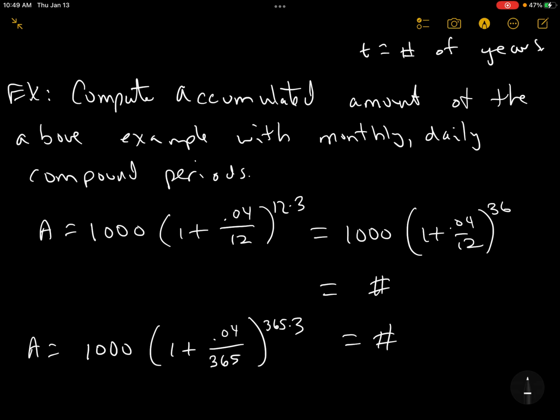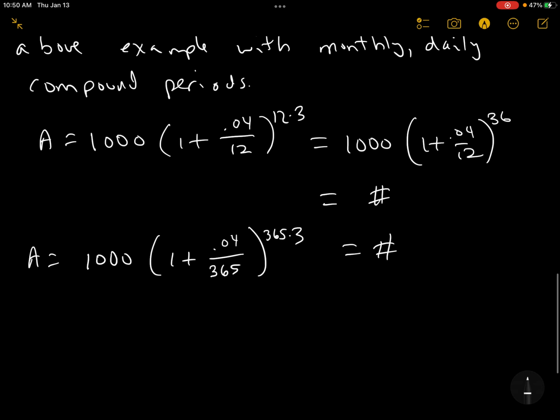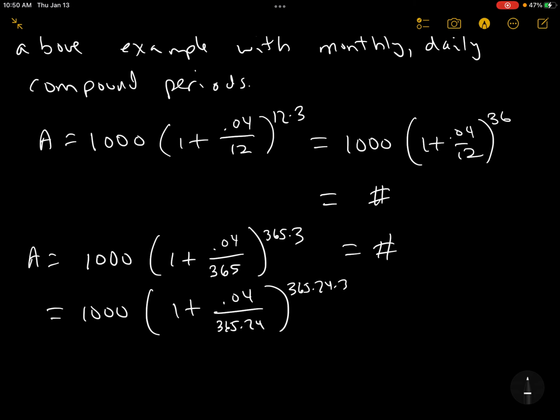And if you wanted to do it every hour, you would take 365 times 24, and then up here it would be 365 times 24 times 3, and you get some number. And what you'll notice is that these numbers don't change much.